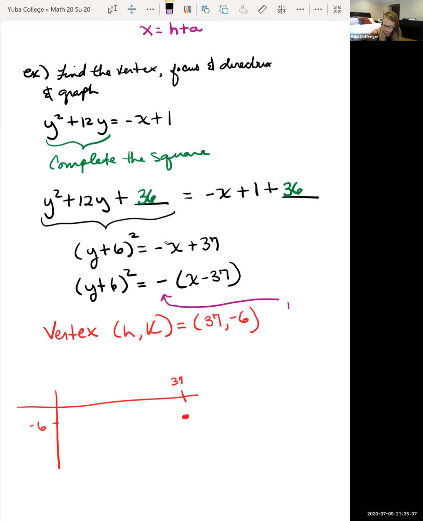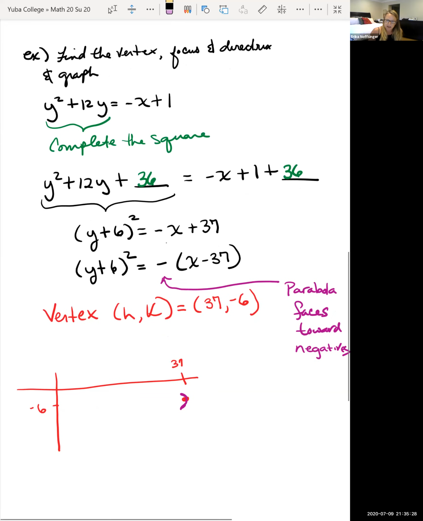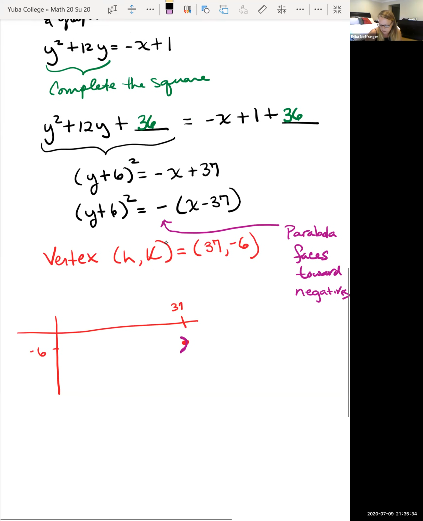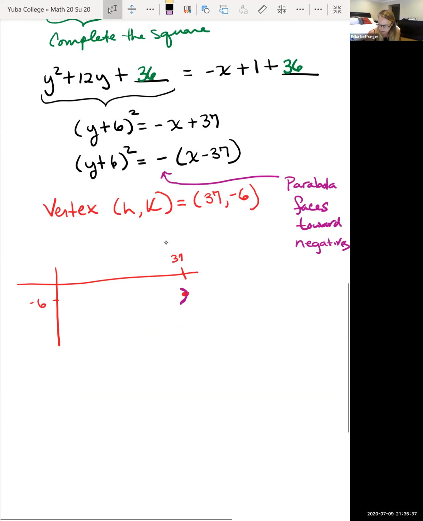The parabola faces towards the negative numbers. So it has to be this way. Depending on how big this is affects how wide or skinny our parabola is.